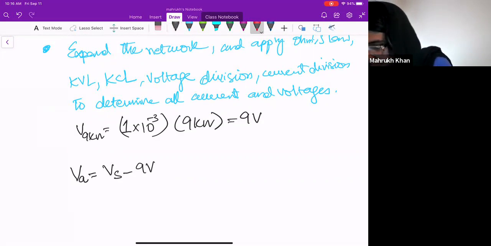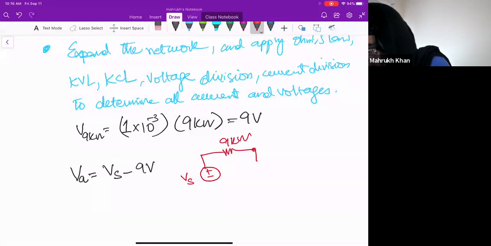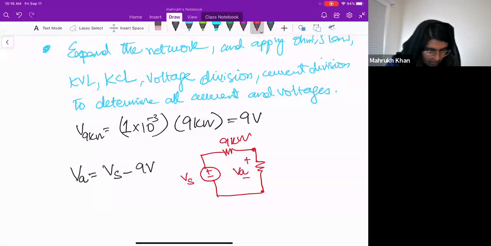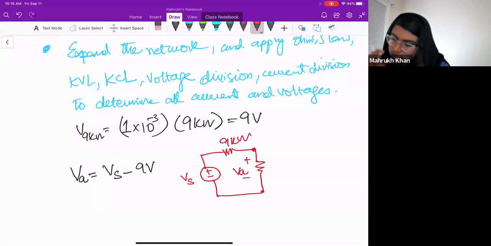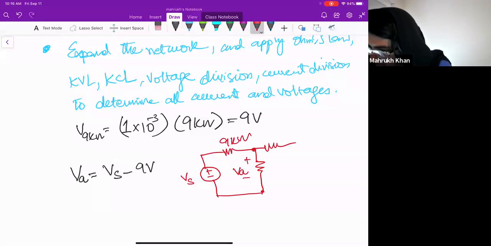Why? Because this is your source. This is 9 kilo ohms, and this is VA. This is the rest of the circuit.